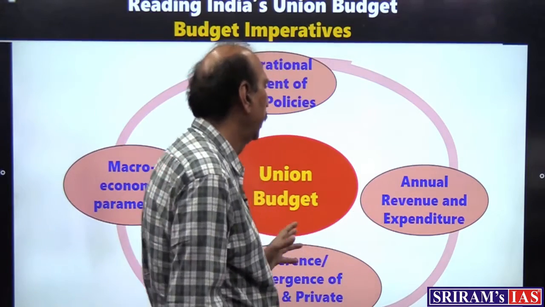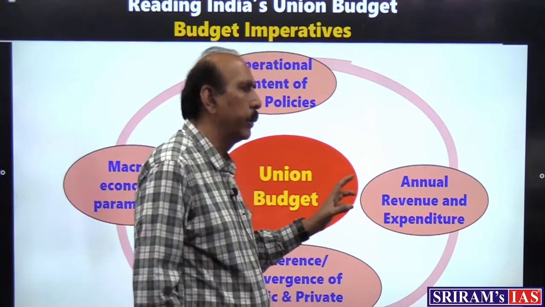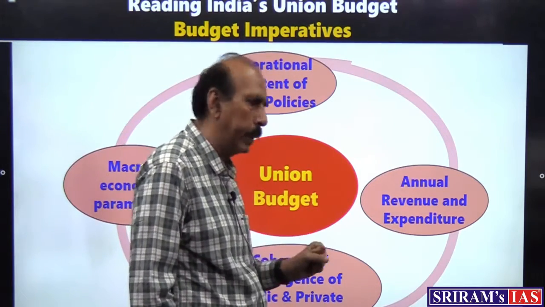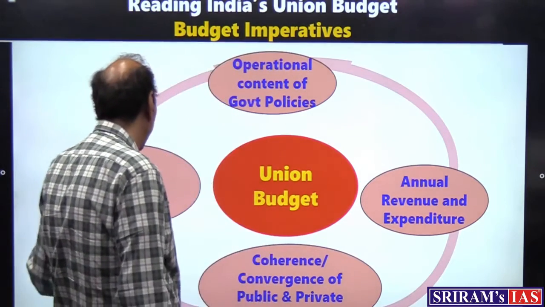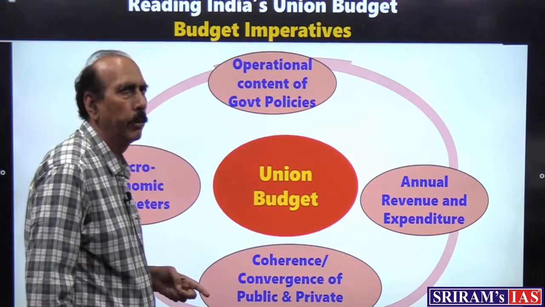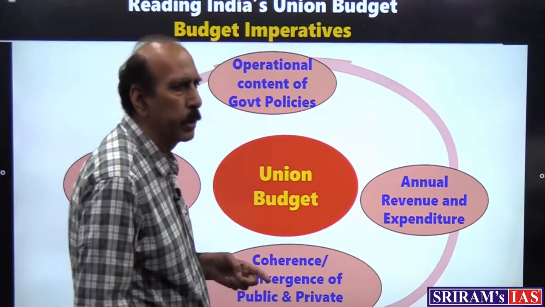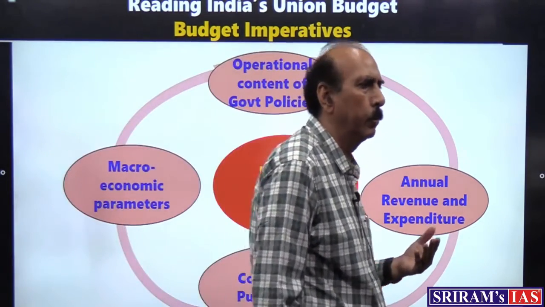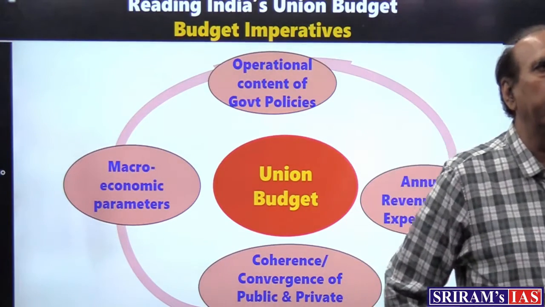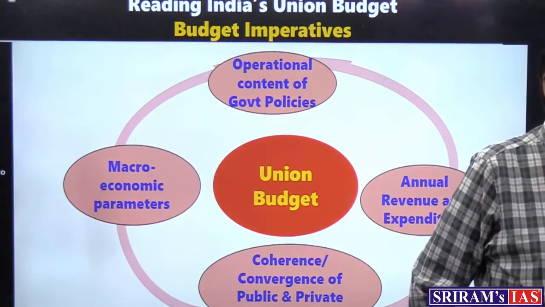As I said, the annual revenue and expenditure of the government has to be done in such a way that it should ensure macroeconomic stability in the system. If the budget is presented in such a way that macroeconomic stability is disturbed, then obviously the budget is not liked by the people.